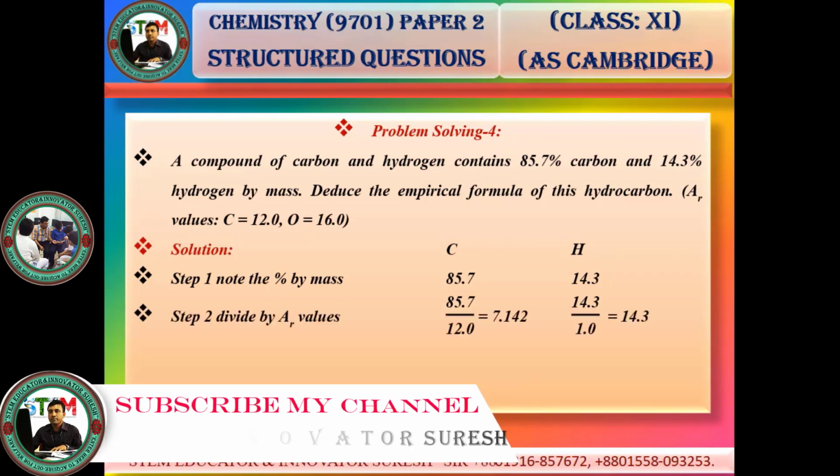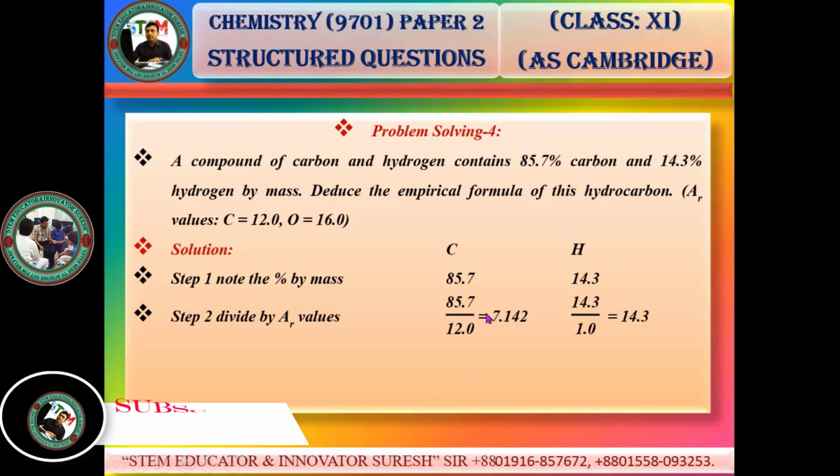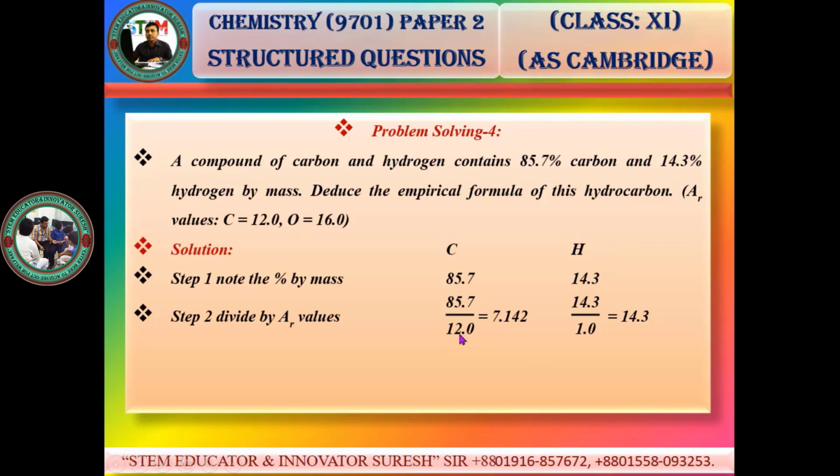Now step 2, we have to divide each of the values by the relative atomic mass of the respective atom. So carbon is 85.7% by mass and its relative atomic mass is 12.0. Dividing, we get 7.142, and for hydrogen we get 14.3 divided by 1.0, which means 14.3. Now we have to divide each of the values by the smallest value, which is 7.142.